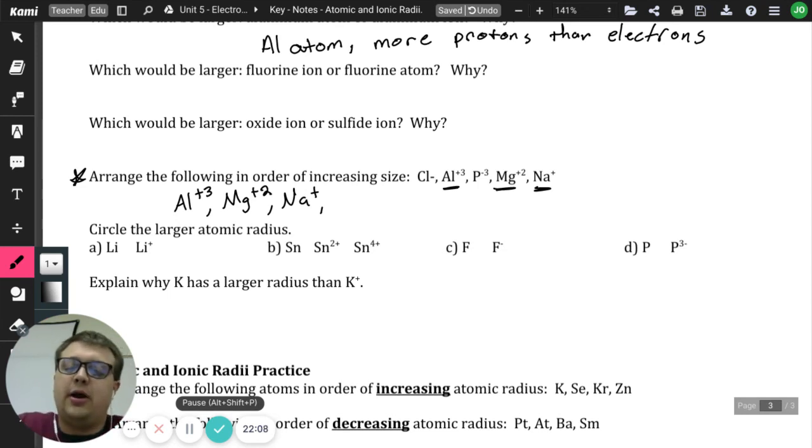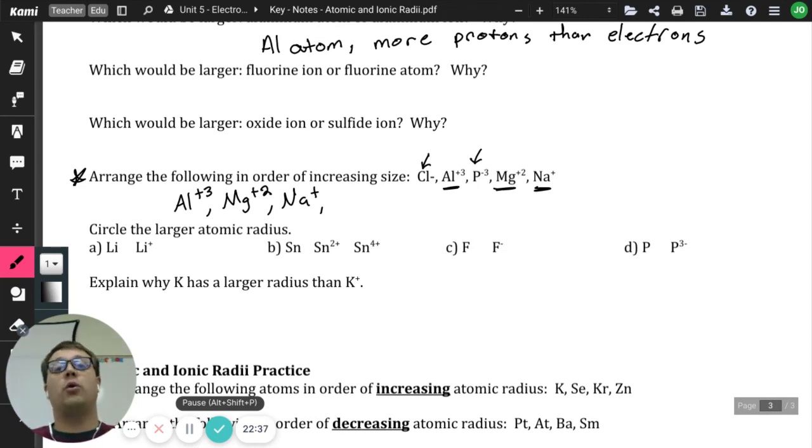Well, now I need to compare my chlorine with a -1 and my phosphorus with a -3. Really, I know that those are going to be larger than all the positives, right? So I'm just comparing the chlorine with the negative to the phosphorus with the negative. Phosphorus with a -3 charge has 3 more electrons than it does protons, okay?